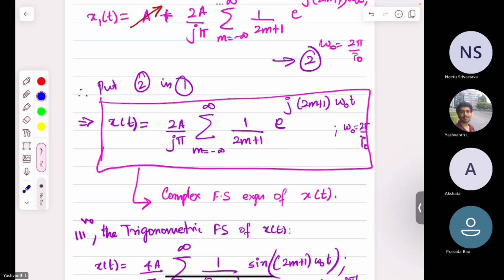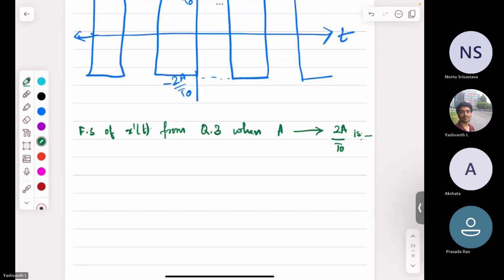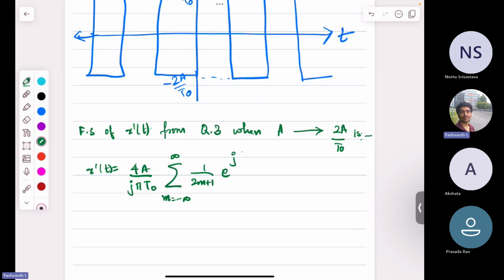What do you get? x dash of t equals 4a by j pi T naught, the summation same, m equals minus infinity to plus infinity, 1 by (2m plus 1) into e power j (2m plus 1) omega naught t.